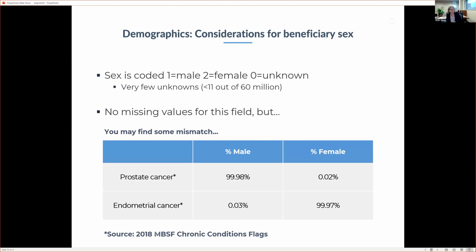When we looked at prostate cancer, we found 0.02% of people with their sex coded as female had a diagnosis for prostate cancer. Likewise, 0.03% of records using the chronic condition flags had a sex of male, but a cancer that is very gender related.